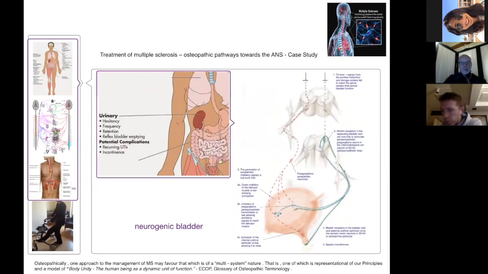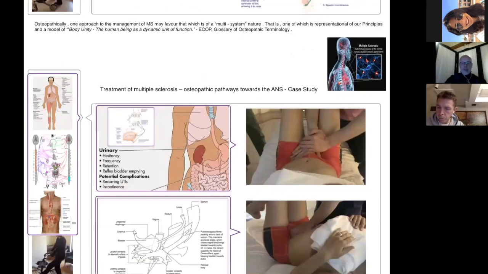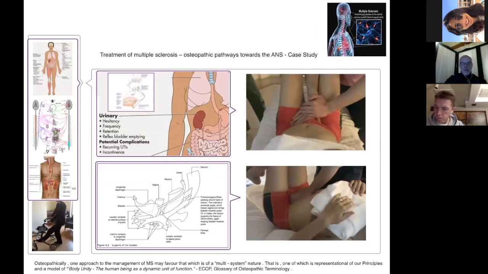And we get what's called a neurogenic bladder presenting, with changes in the actual pathways, but we can have a potential gentle influence through our ventral work on the bladder and begin to influence bladder function itself in terms of the elasticity of the bladder a little bit, and also, if we can, stimulate more voiding of the bladder through providing more dynamic flexibility within the bladder itself. So there are certain aspects of working with the bladder in terms of its suspensory structures and adjacent viscera too.